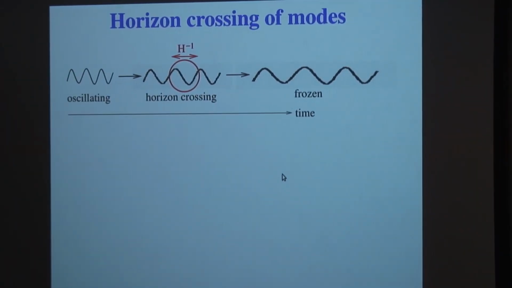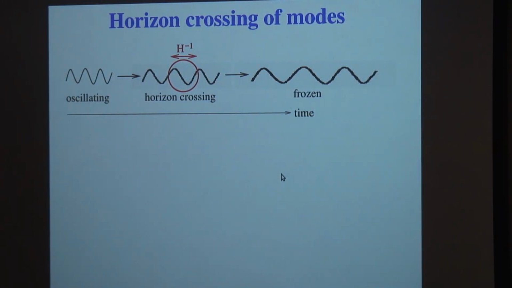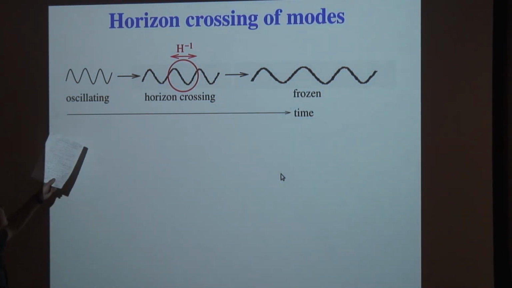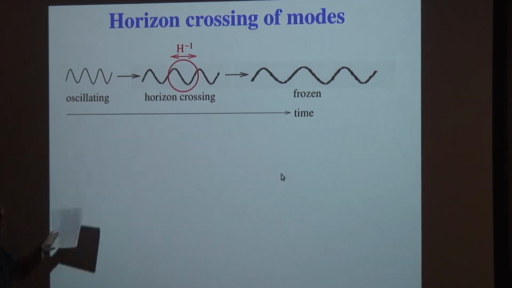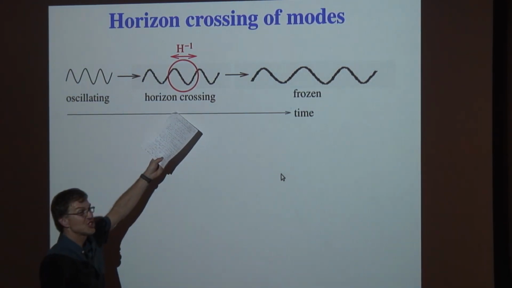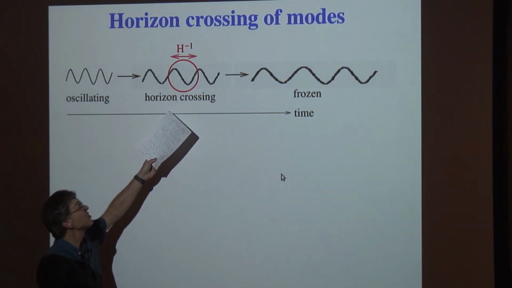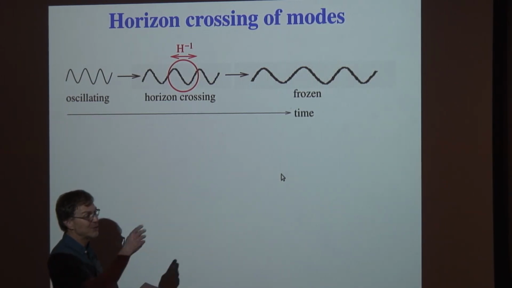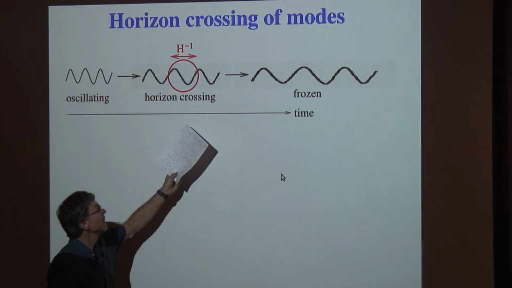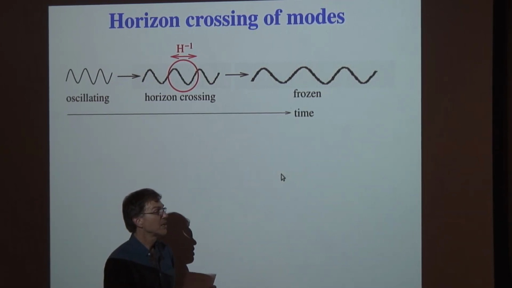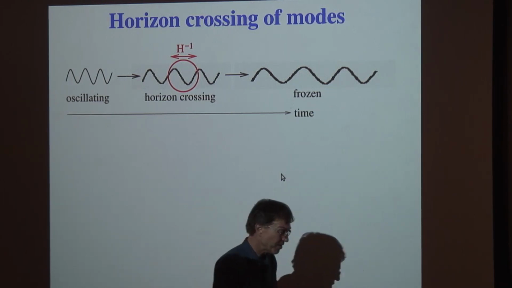That's illustrated by this picture, where we can think of these modes at early times as oscillating and being stretched. At some point they reach the point where their wavelength is equal to the Hubble length, and that's this point, z equals 1. After that time they become frozen in time.